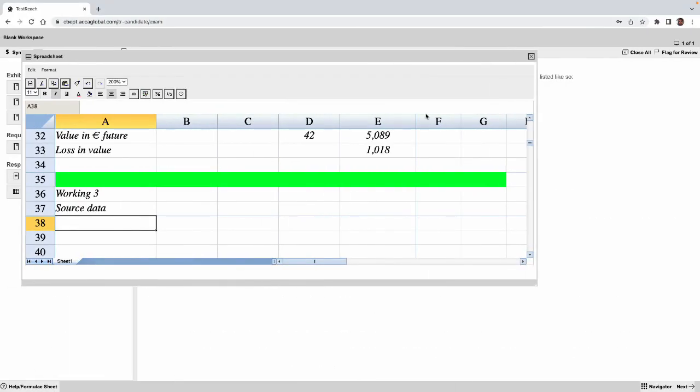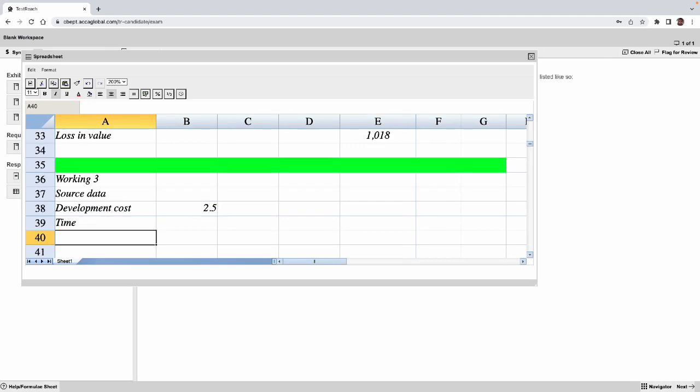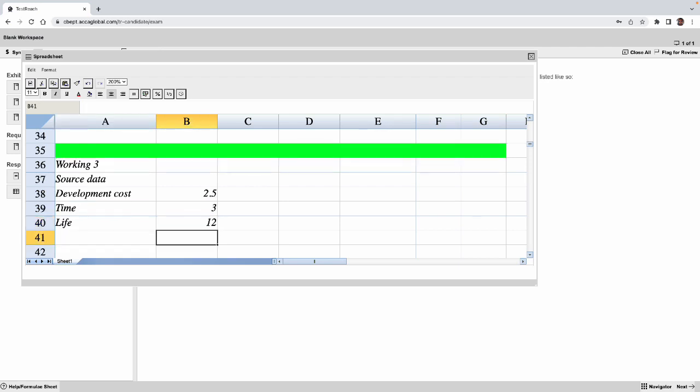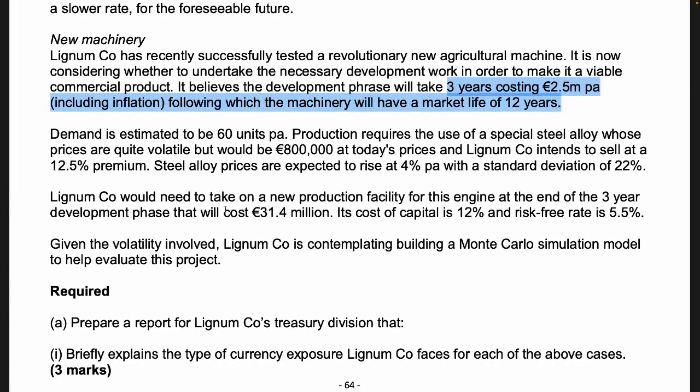Let me just do this. So in this case, source data, you're going to put life is 12 years.